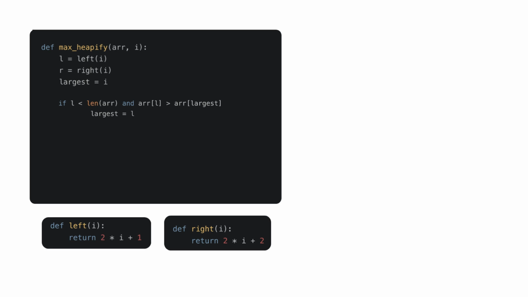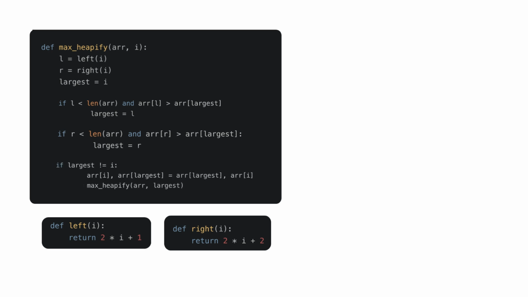If so, we update the largest to the left child. And here we check if the right child exists and is greater than the current largest. If so, we update the largest to the right child. If largest is not equal to I, we swap it with the largest and then recursively fix the subtree to maintain the heap property.